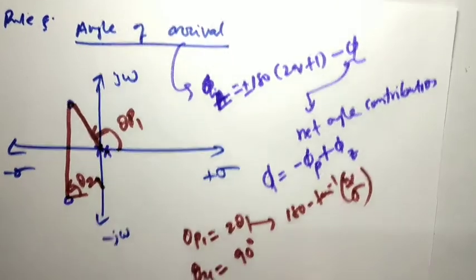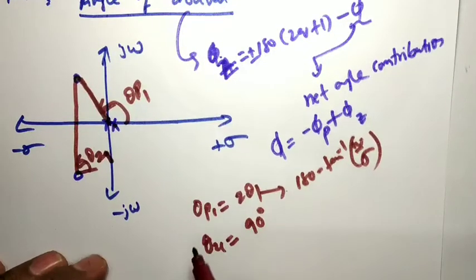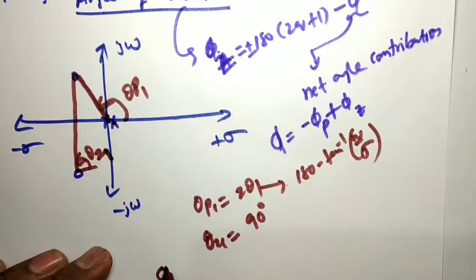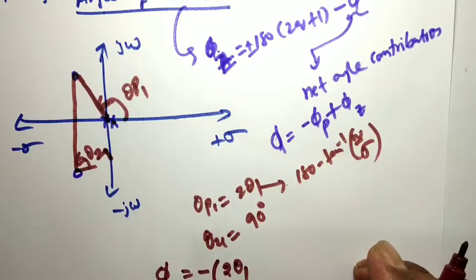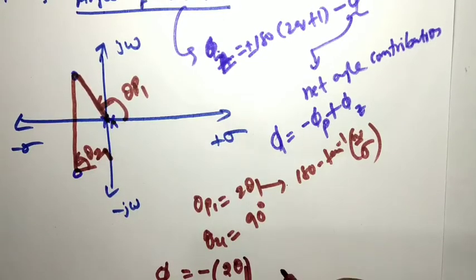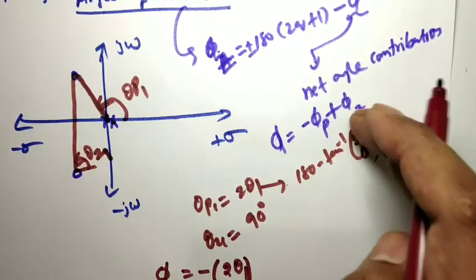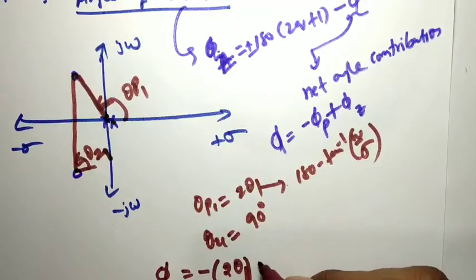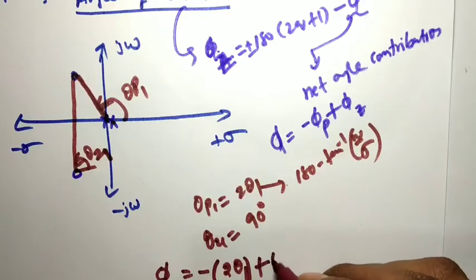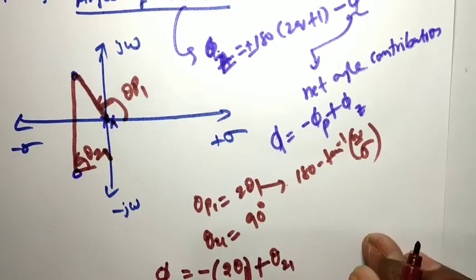So I'm going to write here the phi value only. So minus phi p means here 2 theta 1. And what is the angle contributed by zeros? I am going to write this one, theta z1.